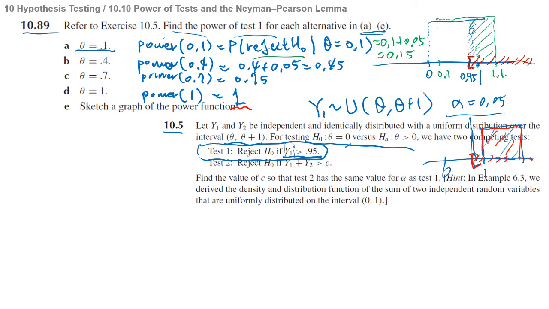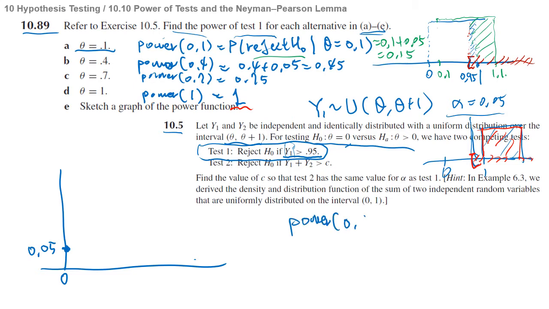And sketch a graph of the power function. So part E is to sketch the graph of the power function, and when theta is 0, the probability is 0.05. So when theta is 0, here is 0.05, and when does it get to 1? That is actually at theta 0.95, where the power is 1.